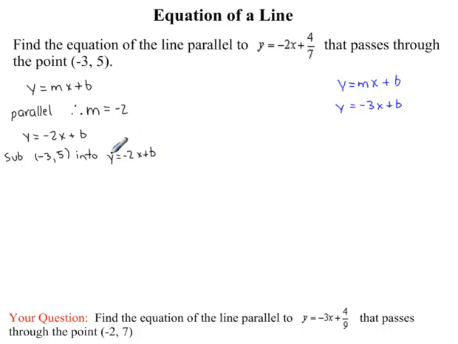Okay, so our y value is now going to be 5. So we have 5 is equal to, we have negative 2, and instead of x, we're going to write negative 3. And because we don't know what our b value is, that's what we're trying to solve for, I'm just going to write plus b. I want you to try doing this step in the question you are given.